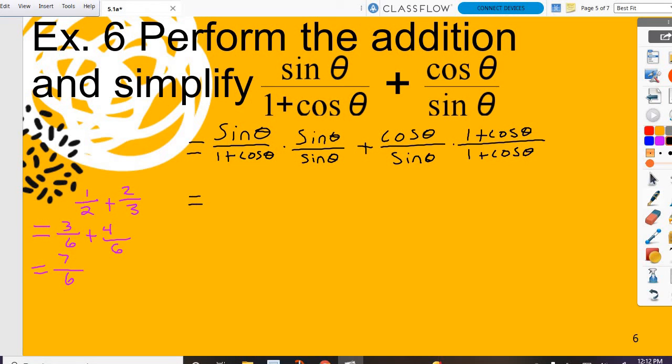So what do we have in our numerator for our first fraction? Sine times sine gives us sine squared. And then on the bottom, we're just going to leave that as sine times 1 plus cosine. And then I'm going to add. Again, there's not really a way to combine those nicely yet, so we're just going to leave them as factors.